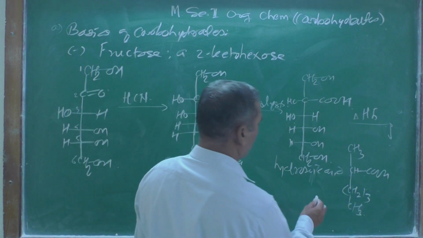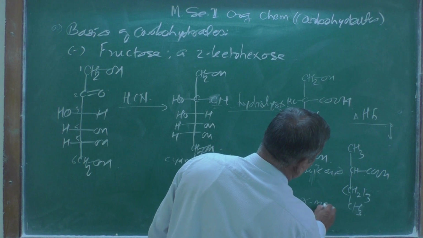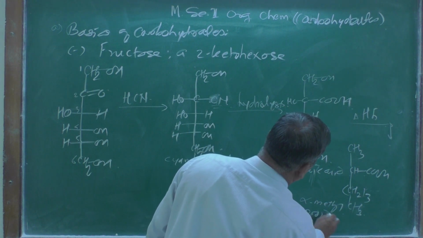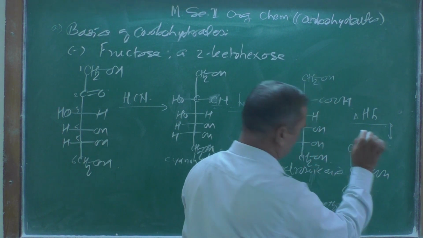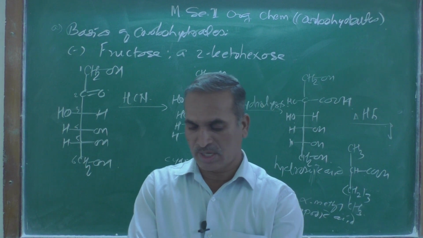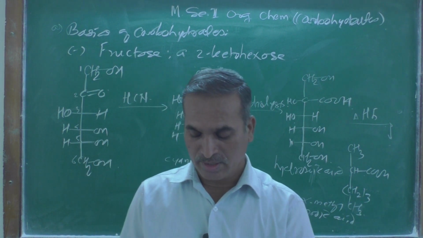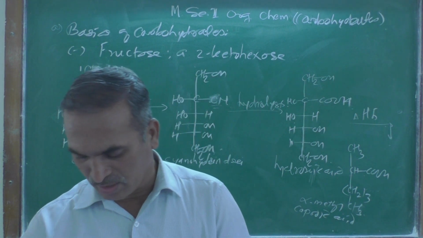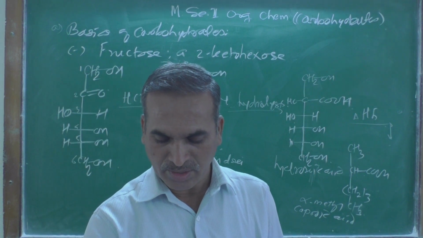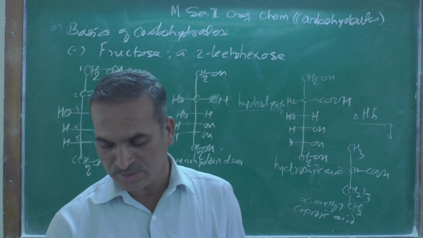This is called alpha methyl caproic acid. That is the common name given to that compound, and that's why this is written over there. So this is all about those reactions.